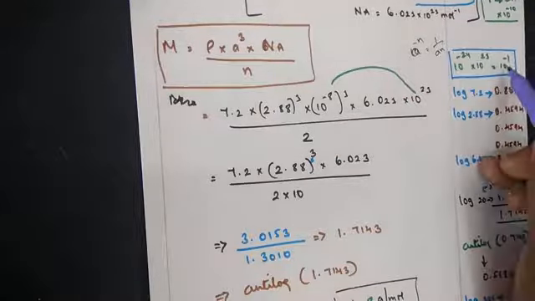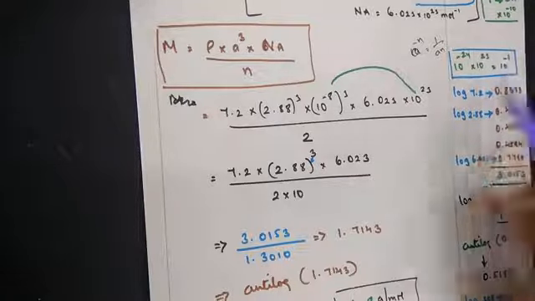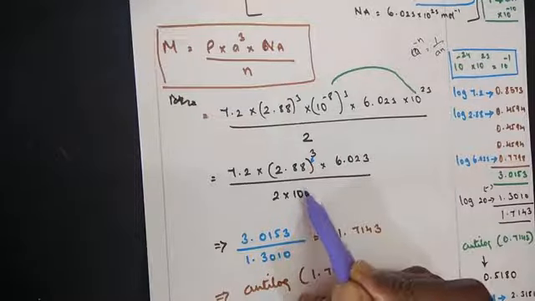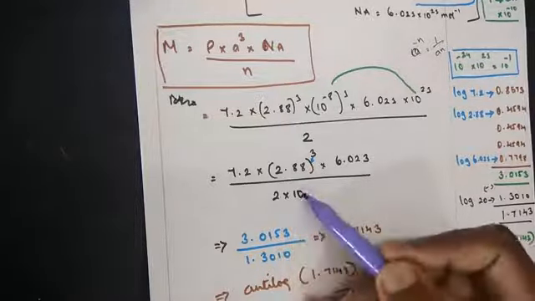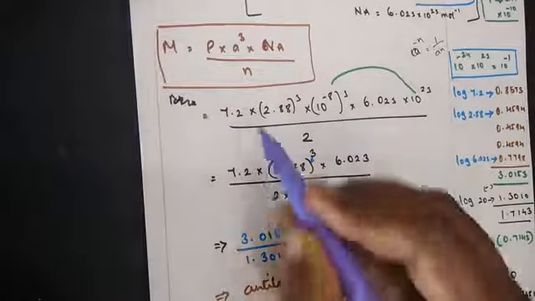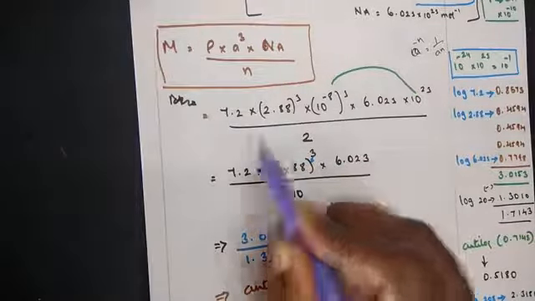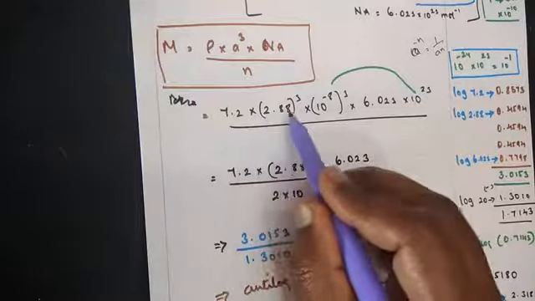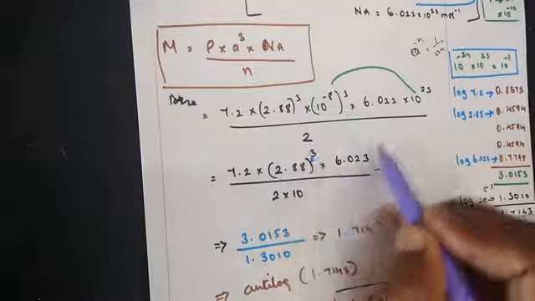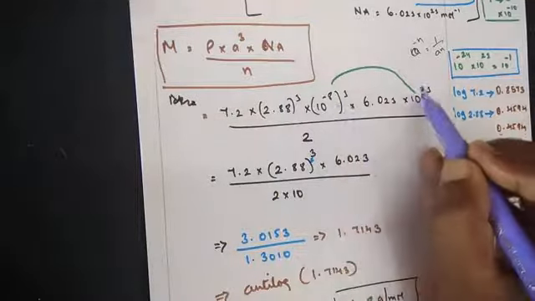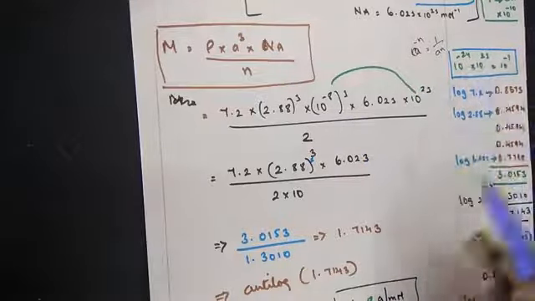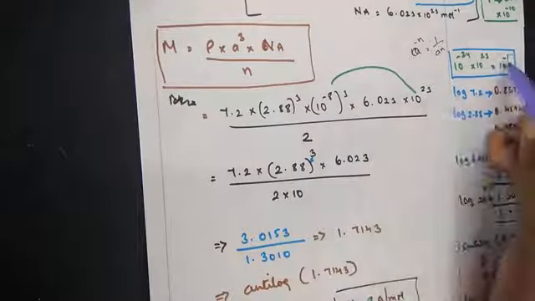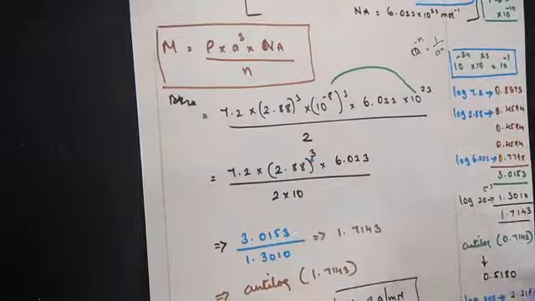So making use of the formula, 10 to the power minus 1, I'm bringing it to the denominator. There is a 1, even if you don't write it, we understand it is there. The remaining terms I'm putting as they are: 7.2 into 2.88 to the power 3 into 6.023. This is how we have simplified the exponents. So this 10 to the power minus 1 comes down to be 10 here.